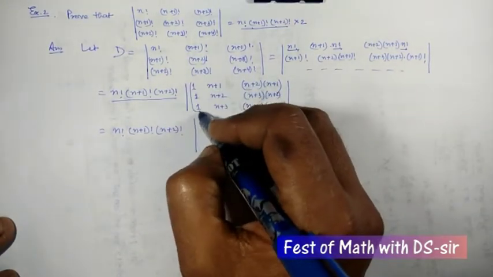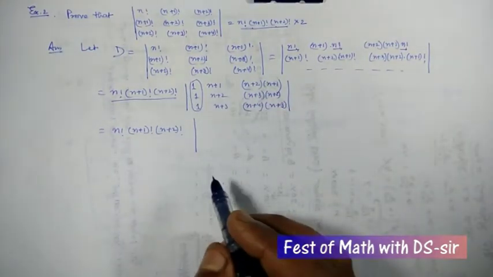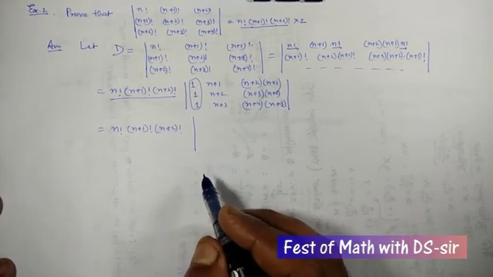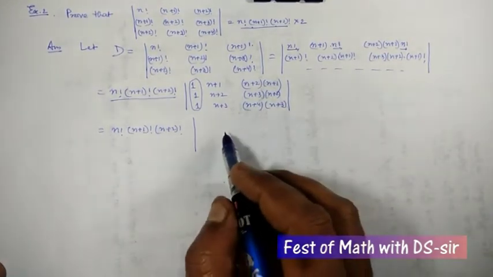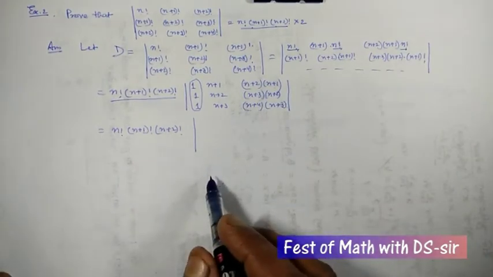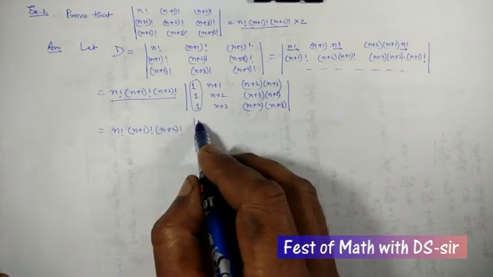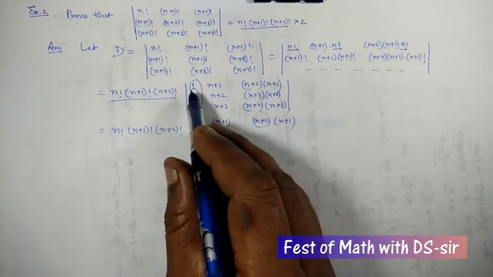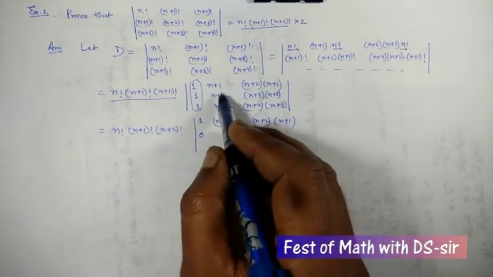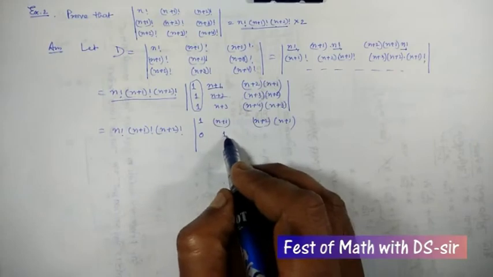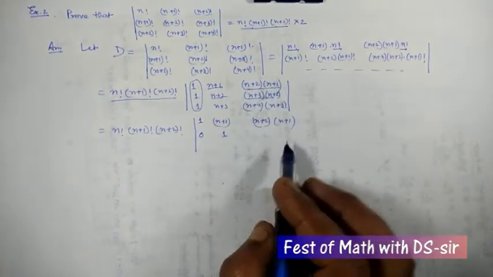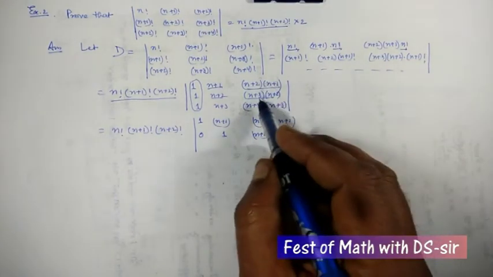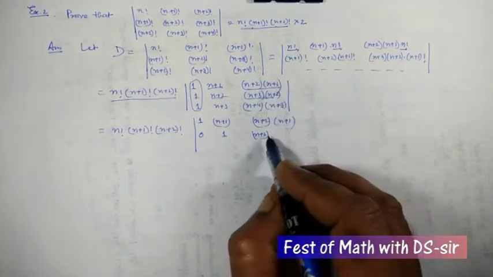Now see, we get a column whose all elements are 1. So I already told, this is a pricey situation. In this case, I will subtract the first row from the second, keeping the first row intact. First row from second, this becomes 0. This minus this gives you 1. This minus this gives you, n plus 2 will come common, and n plus 3 minus n plus 1 gives you 2.